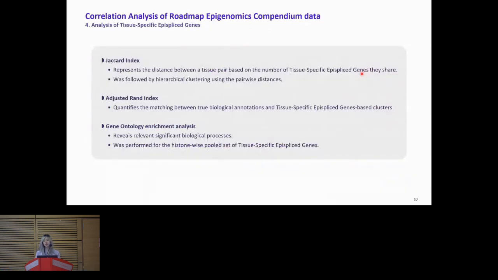So the next step was to profile all the episplicings that we have gathered, and we did that by first looking at the pairwise distance between the tissues based on the amount of episplicings that they share. We did that by computing the Jaccard index, and with that pairwise distance, we were able to perform hierarchical clustering. Next, we know that each cell and tissue would be related to each other in some way, right?